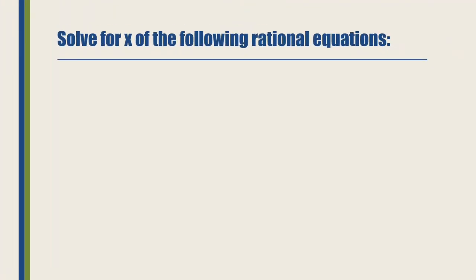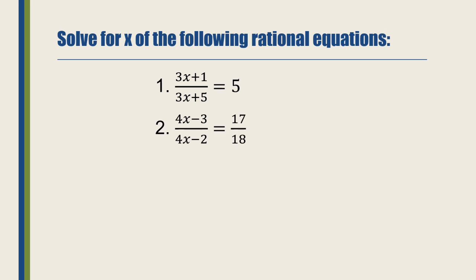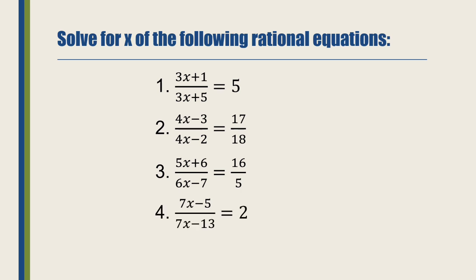So for your activity class, you are going to solve for x of the following rational equations. Okay, number 1, 3x plus 1 all over 3x plus 5 is equal to 5. Number 2, 4x minus 3 all over 4x minus 2 is equal to 17 over 18. Number 3, 5x plus 6 all over 6x minus 7 is equal to 16 over 5.